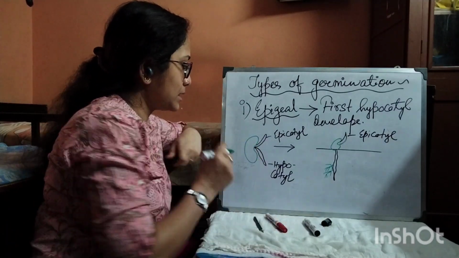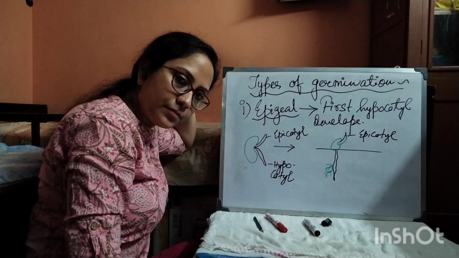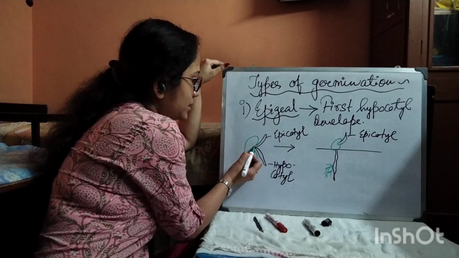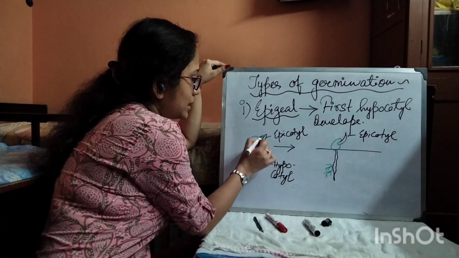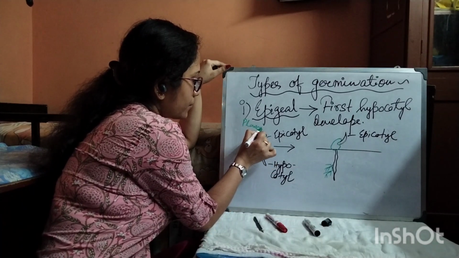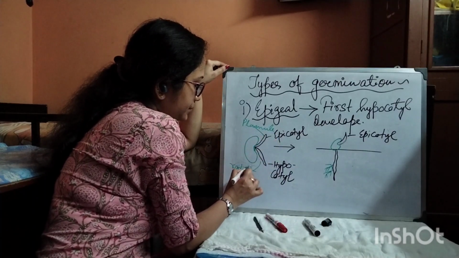Suppose this is a seed. This is the epicotyl portion, meaning the plumule, and this is the hypocotyl portion, meaning the radicle, from which it will be formed.